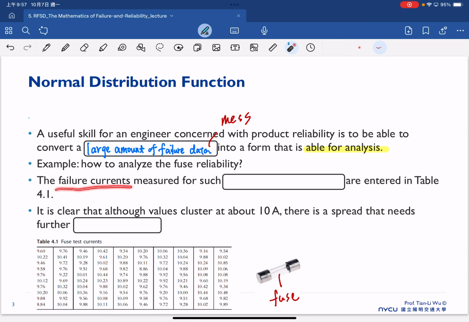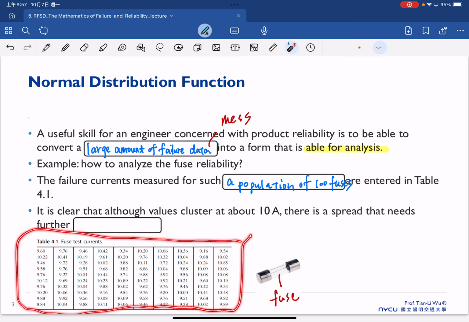The failure current measured for such a population of 100 fuses: if you try to measure 100 fuses and want to understand what the failure curve would be for these fuses, then in the end we will get a result like this one.